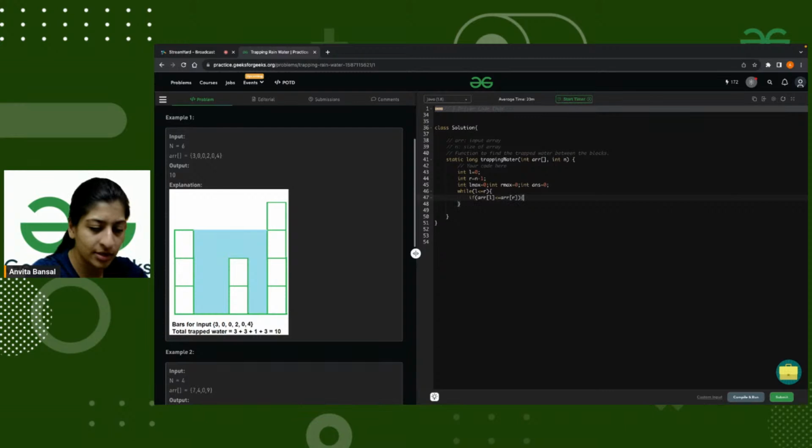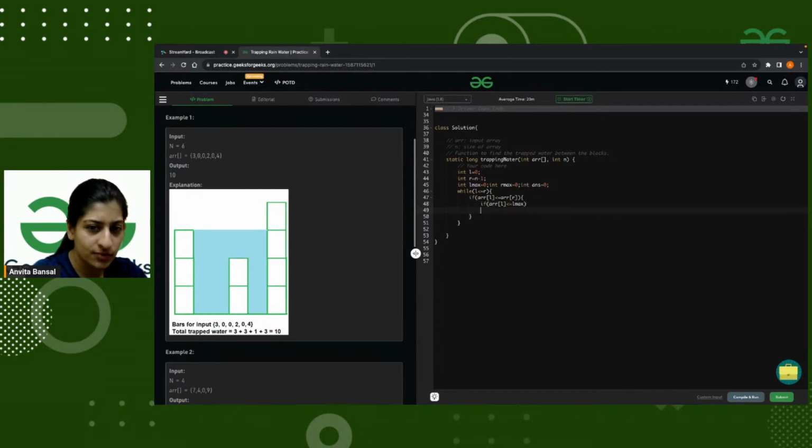Then you are making two checks on the left index value. If ARR of L is less than your L max, which means L max is greater, you can store some water.